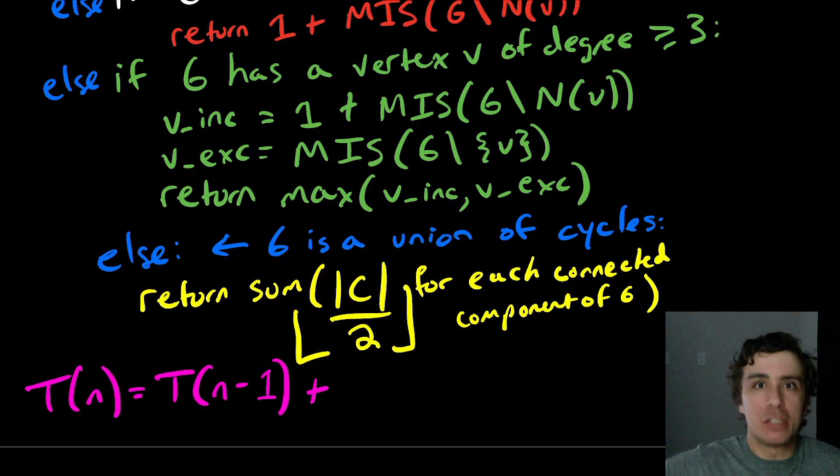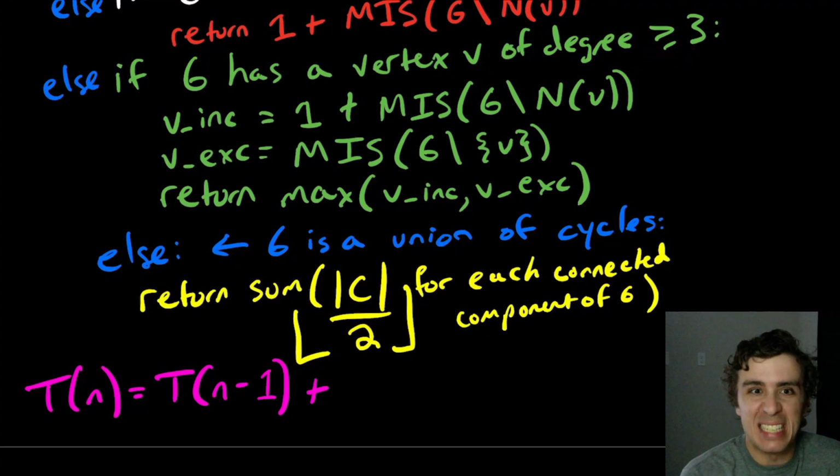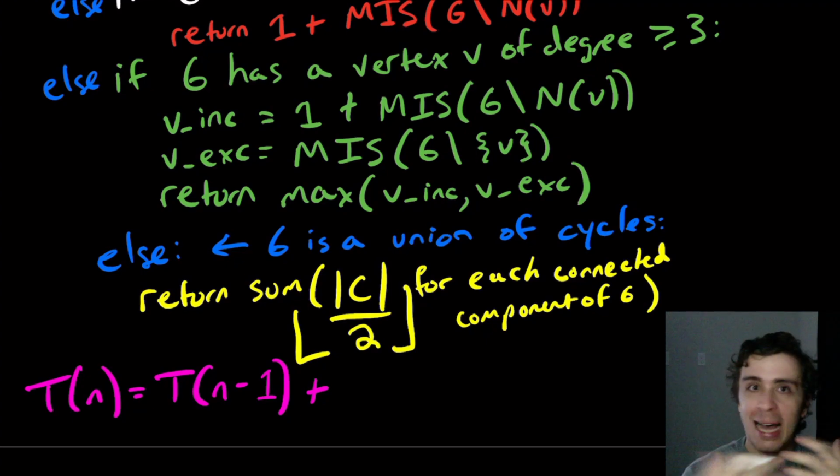In fact, we could be deleting a lot more if v has a very high degree, but here we can only guarantee it's at least 3. You can actually get a better runtime by analyzing if it has degree 4, degree 5, and so on, just by looking into the graph a little bit more. But here, let's just assume we do the absolute worst thing, which is only 4 vertices deleted.